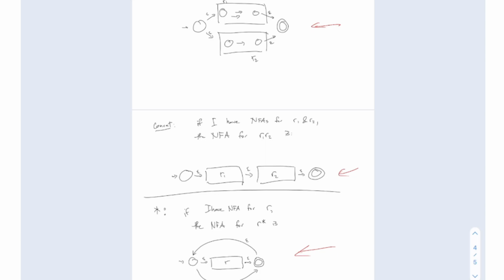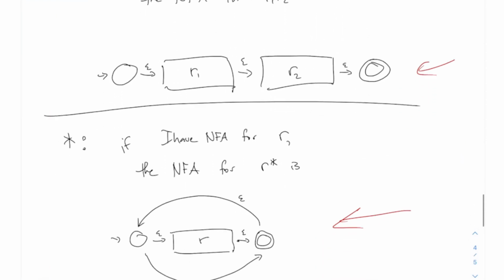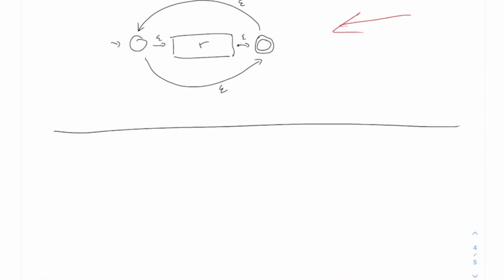Let's try some examples. I got one, and then I want you guys to try one. Actually, let's do a very simple one first. I want to build up to this, sorry.